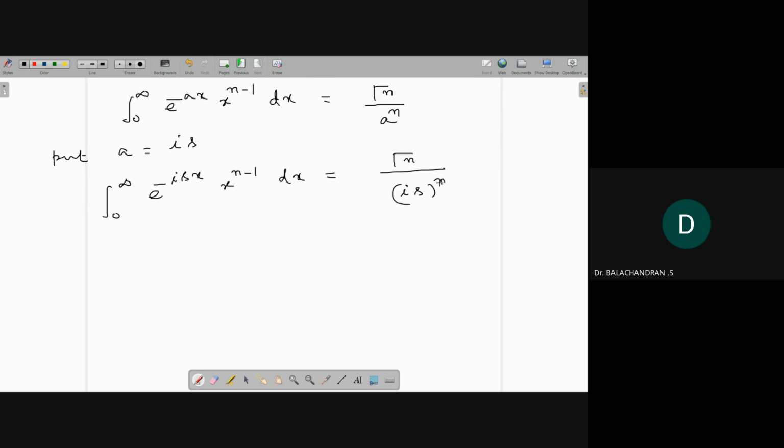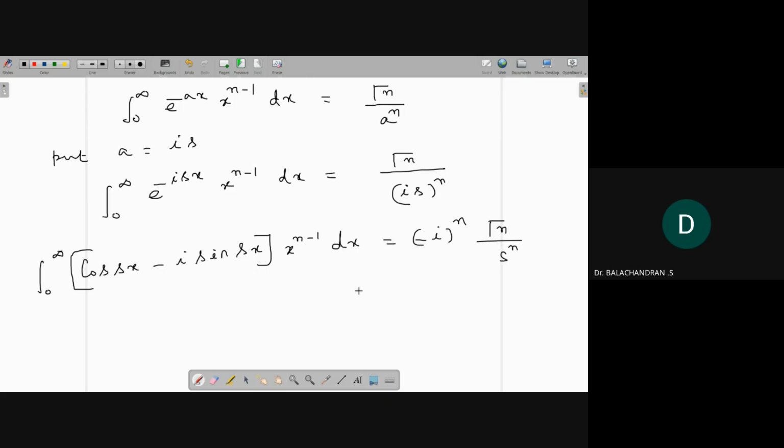So which is equal to the next step, integral 0 to infinity, e power minus isx is what? Cos sx minus i sin sx, into x power n minus 1 into dx, which is equal to, you can write 1 by i is what? Minus i whole power n gamma of n by s power n.